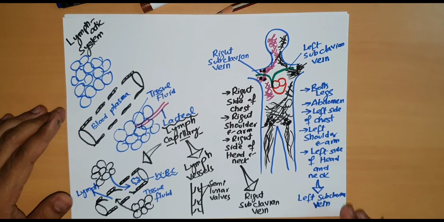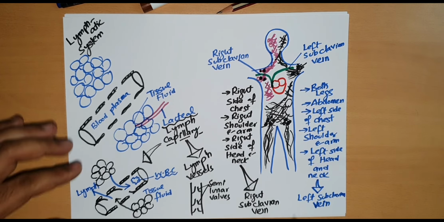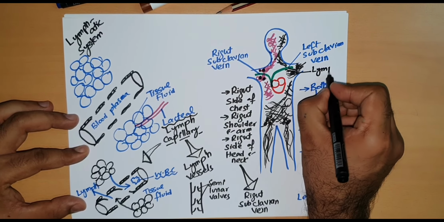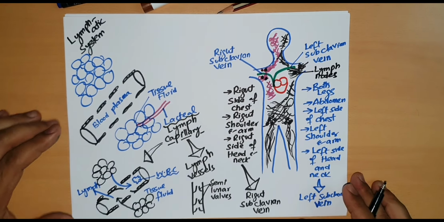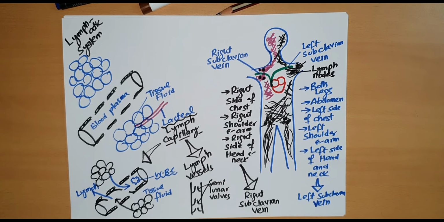Over here, these lymph vessels are overlapping each other. At these places, they make the lymph nodes. In the lymph nodes, the white blood cells are huge in number. They reproduce and increase their number in the lymph nodes.